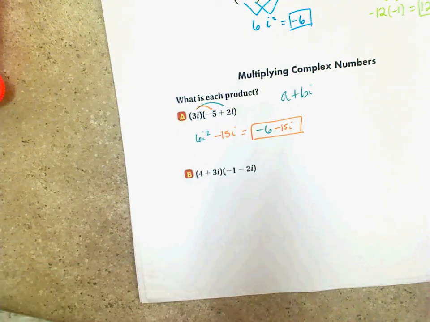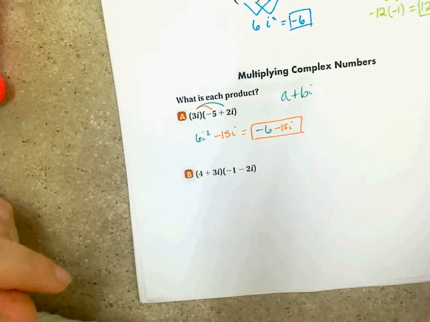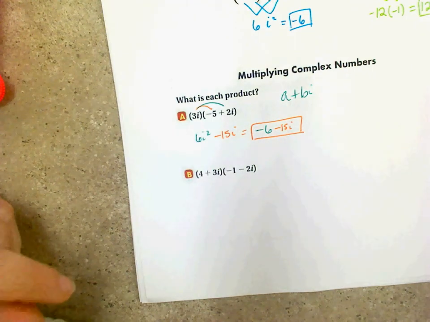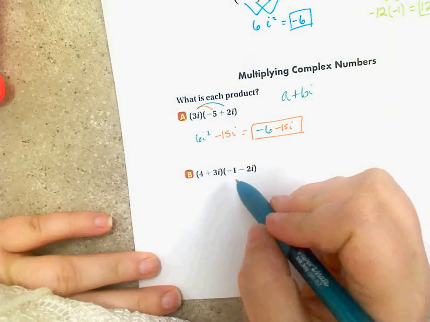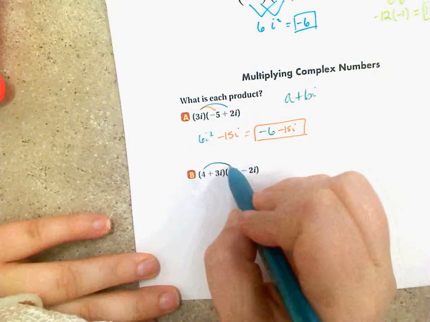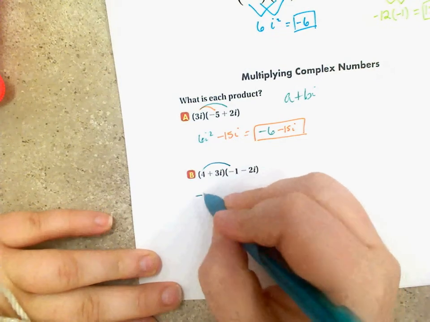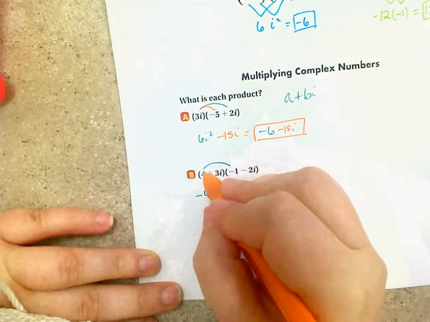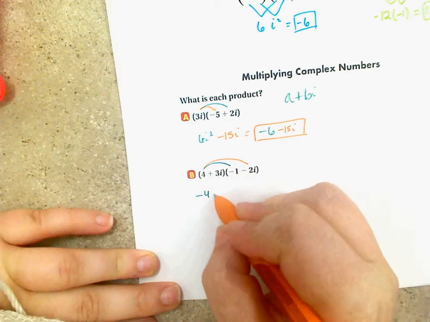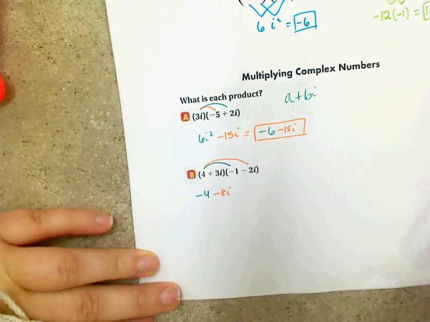Okay? So now let's distribute the bottom one. So now I've got a binomial times a binomial, so I'm going to multiply 4 times negative 1. That is negative 4. And then we've got 4 times negative 2i, that's a negative 8i, so I'm just tagging on the i.